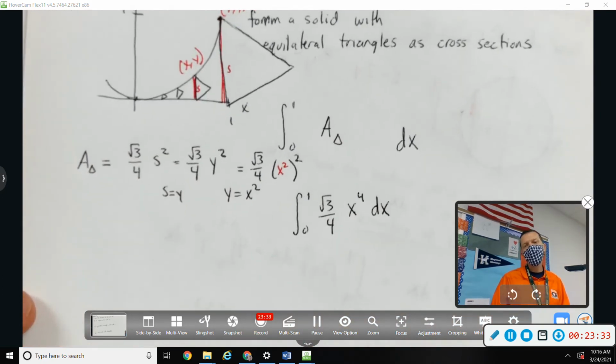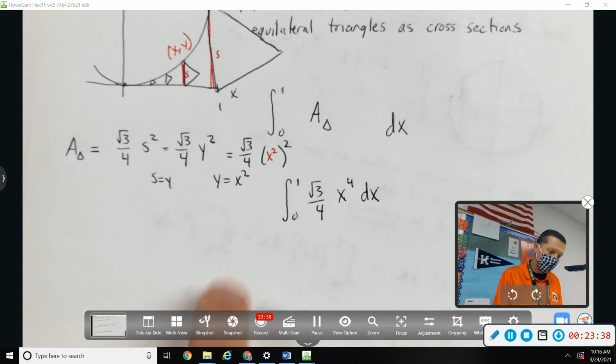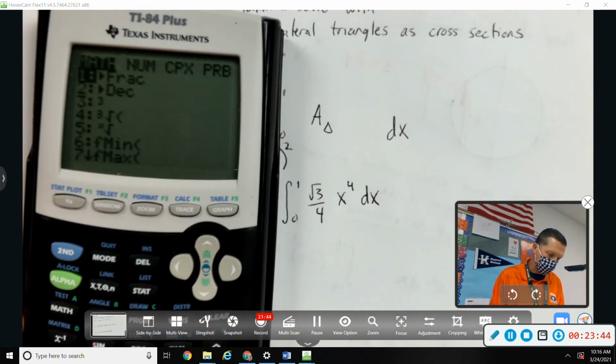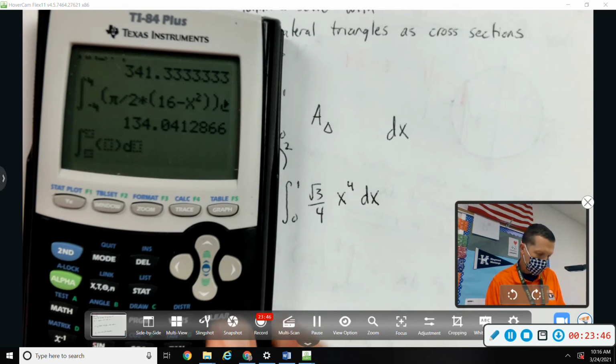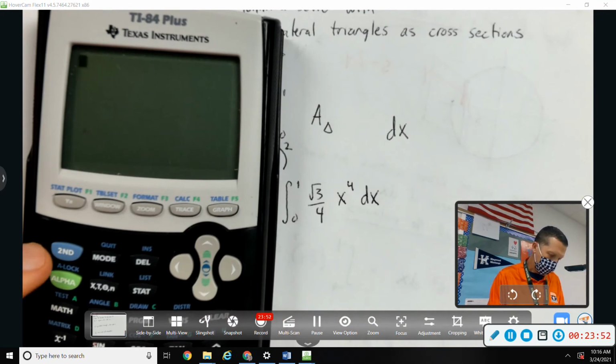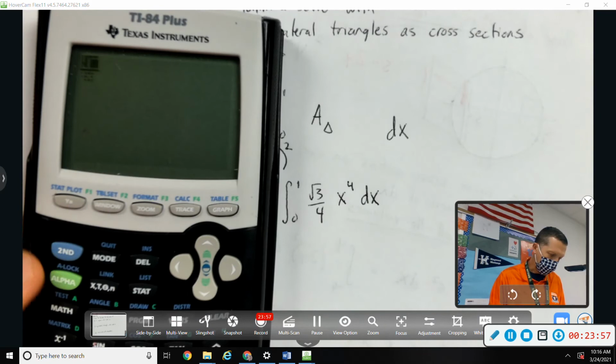And that one wouldn't be awful to do by hand, because it would just be x to the 5th over 5, and you'd have 1s and 0s to plug in. But we like our calculator, so why not? 0 to 1. I'm gonna go all out here and make it look just like I wrote it.